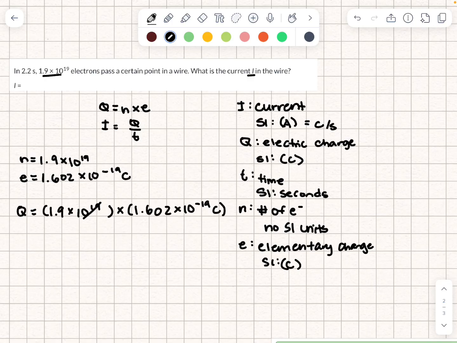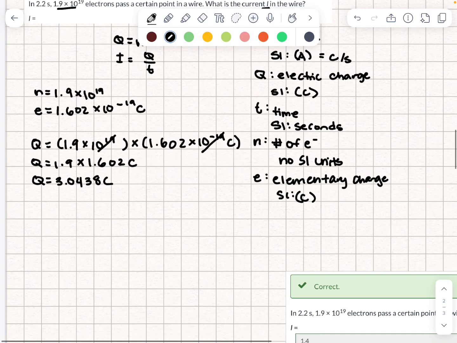Because we're multiplying, the electrons cancel out, and we are left with 1.9 times 1.602 coulombs, which ultimately results in 3.0438 coulombs.